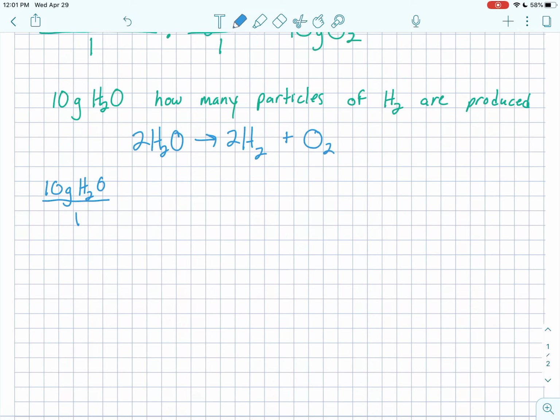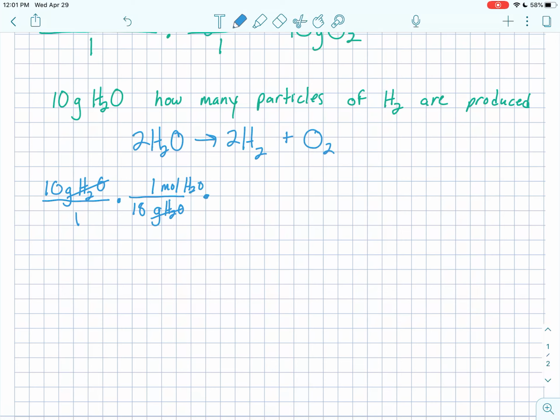As I said, I cannot compare grams. I have to compare to moles. So if given grams, always convert to moles first. So my grams of H2O, 1 mole of H2O, we said was going to be 18 grams. That was from our molar mass.